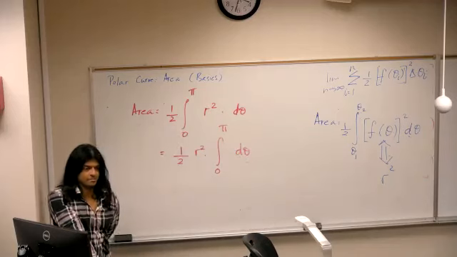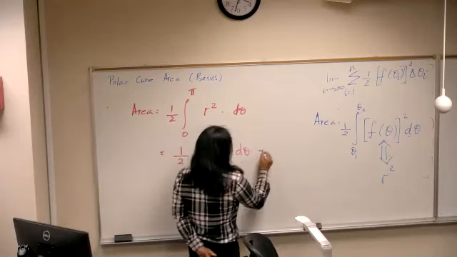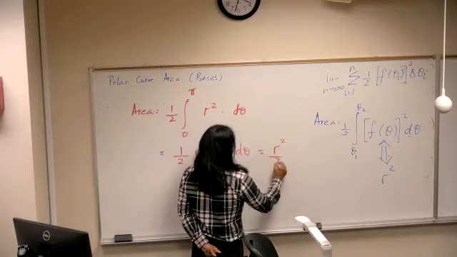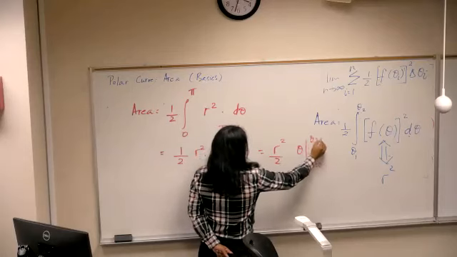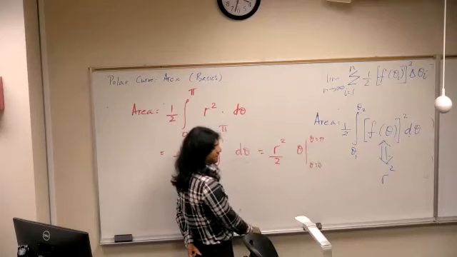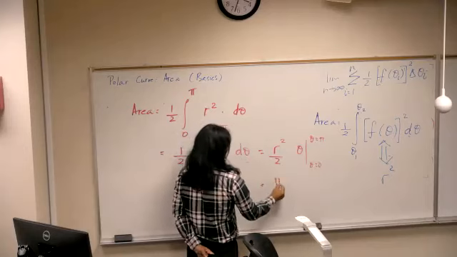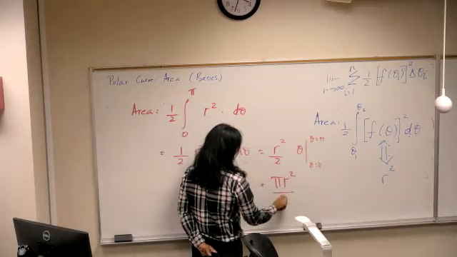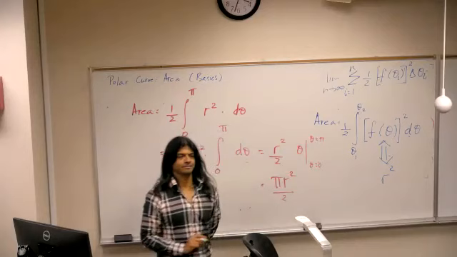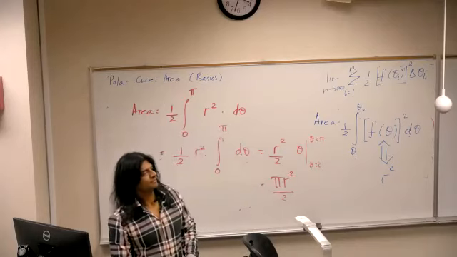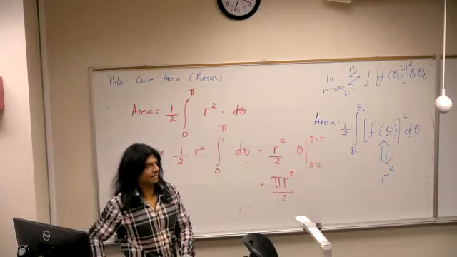What is the integral of d theta? Theta. Upper limit minus lower limit is pi minus 0, which is pi r squared over 2. Isn't that what we have? Does that make sense?